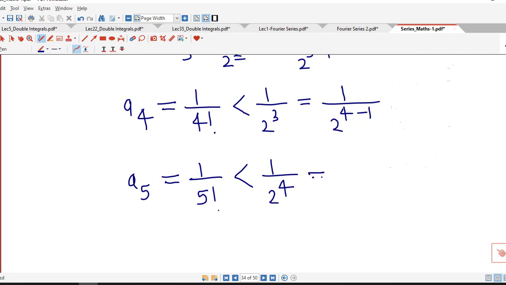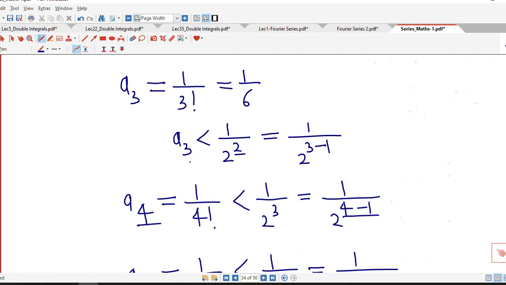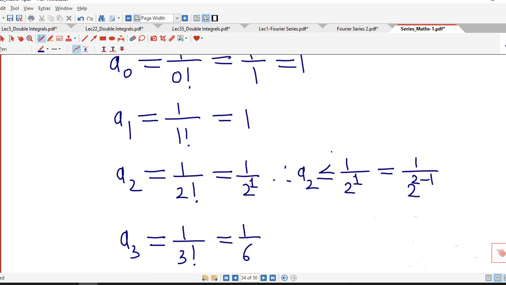And here this I can rewrite as 1 over 2 raised to 5 minus 1. So if I have 5 here, in the power of 2 I have 5 minus 1. If I have 4 suffix, here in the power I have 4 minus 1. If suffix is 3, I have here 2 raised to 3 minus 1 and so on.